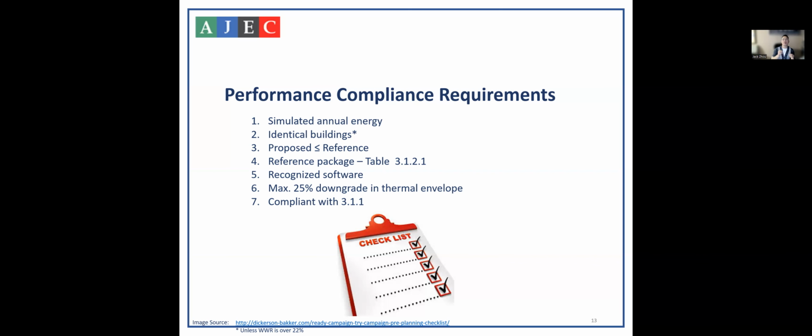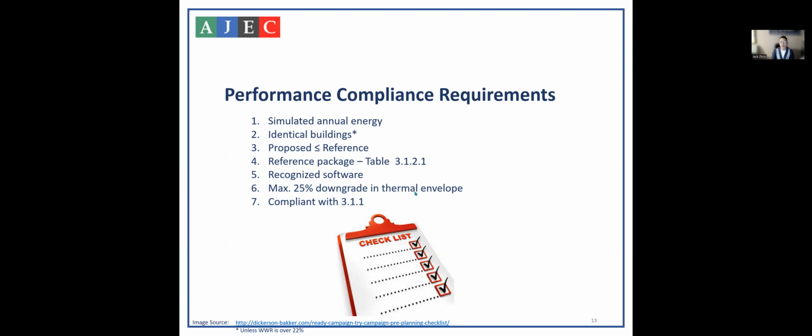Because let's say you put in a bunch of solar panels and a very energy efficient geothermal system in the home, and then put in zero insulation in the wall, theoretically, you could do that because I can put in a very energy efficient system and conserve my energy very, very well. But if my building envelope has no insulation, it's going to be very uncomfortable. It's going to be very dangerous for the occupant. So the building code doesn't want people to do that. So they have a limit on how much insulation you can downgrade, up to 25%.